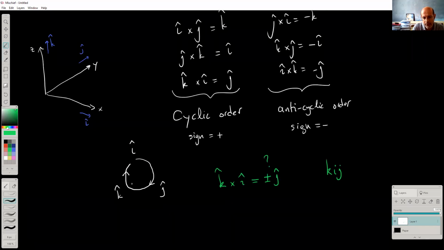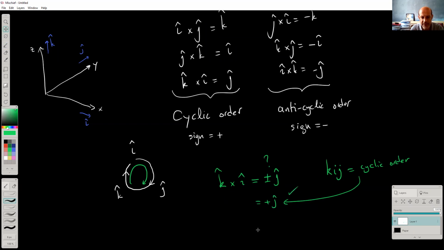So if I start with K and then go to I and then go along with J, I basically follow some kind of an order. And that order is the same thing as this order in here, right? It's the arrows in the same direction. So therefore this is in cyclic order. In which case, then I say that, well, plus sign is the correct sign. Okay.